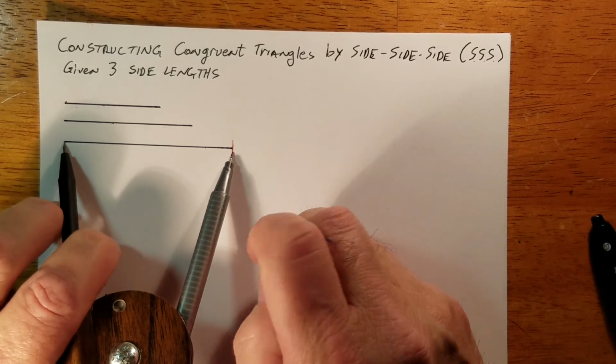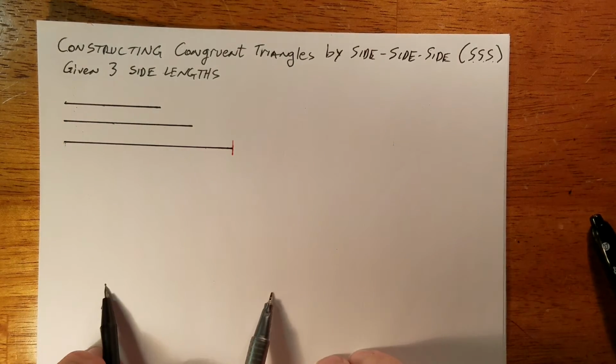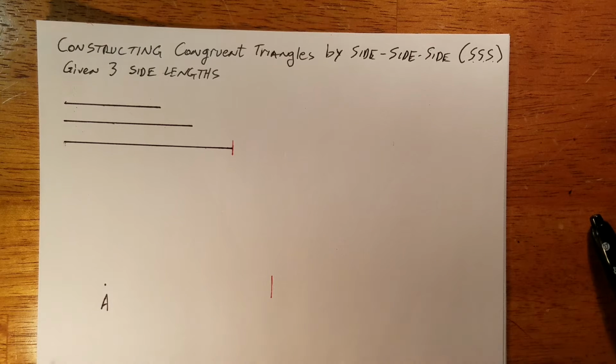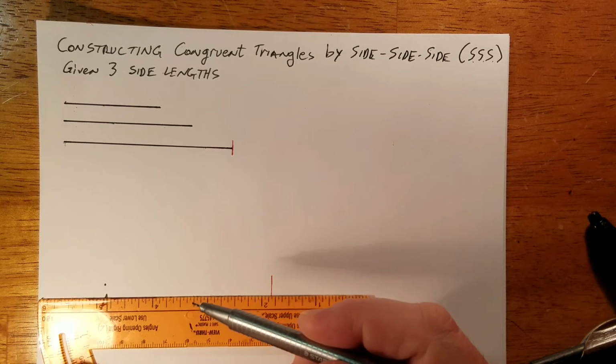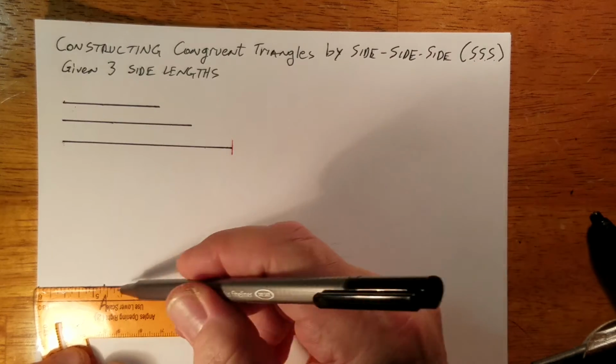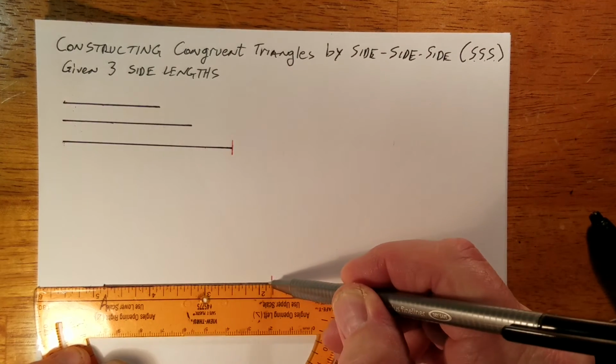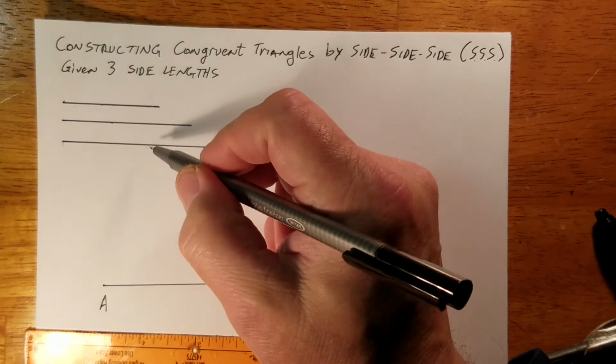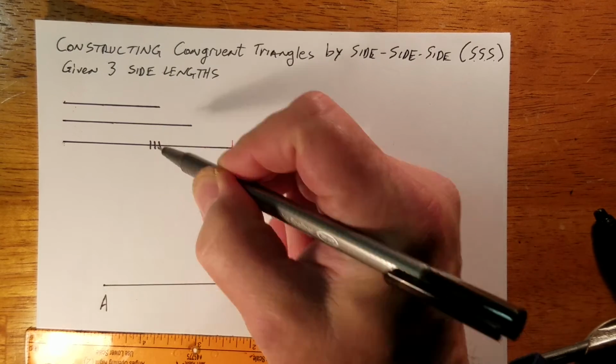We mark our distance and transfer it to point A, make an arc. And then we can draw from point A to that arc. And this length is now copied.